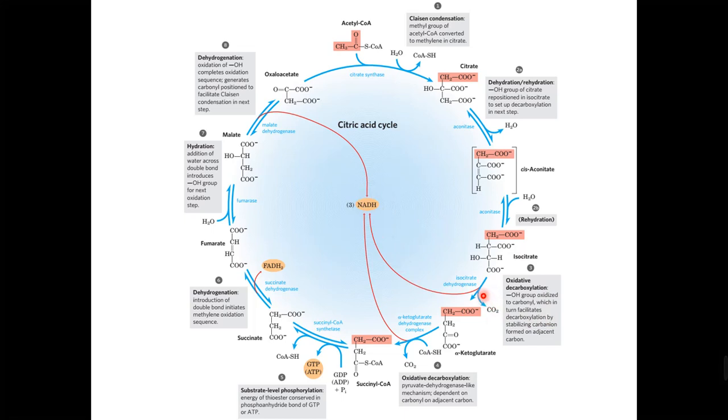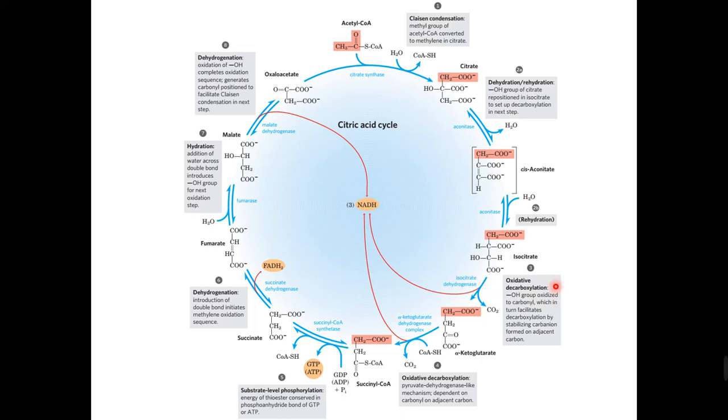This NADH formation plays a very important role. This energy-rich molecule will go directly into the electron transport chain. So this is the first reaction, the second reaction, and this is the third reaction.